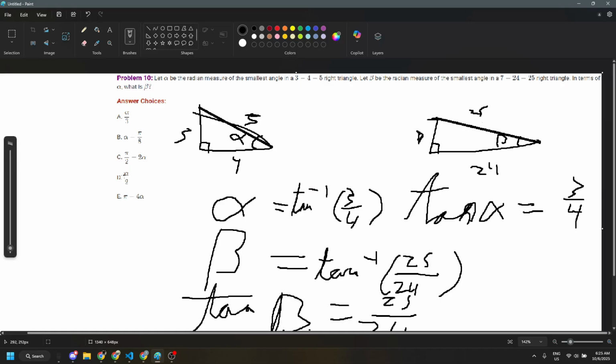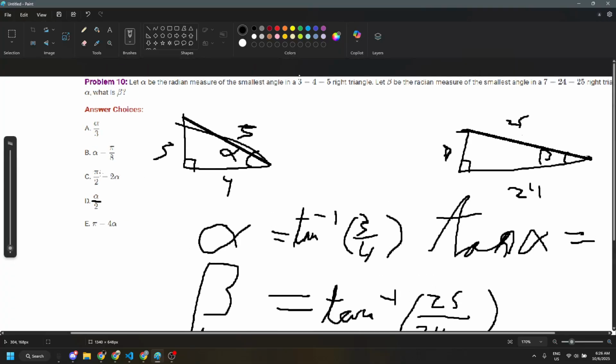Let's look at these answer options. So we have alpha over 3, and just looking visually, does this make sense? Alpha over 3. Yeah. Alpha minus pi over 8. Pi over 2 minus 2 alpha. The thing is, pi over 2 is 90, and alpha is going to be 30 something, 40 something, in degrees.